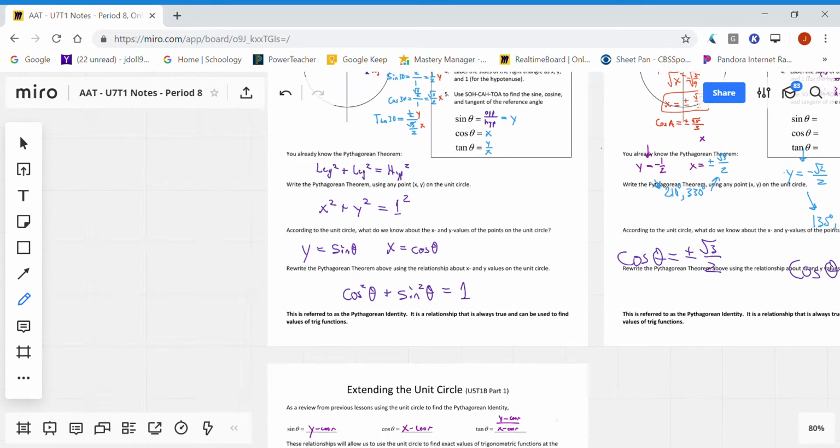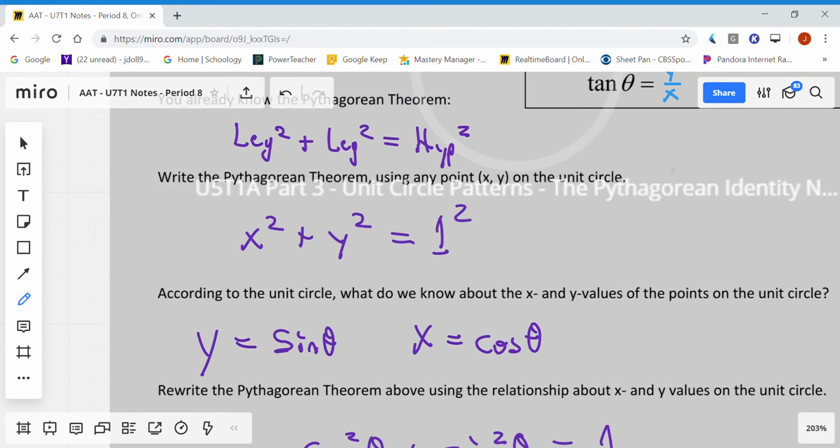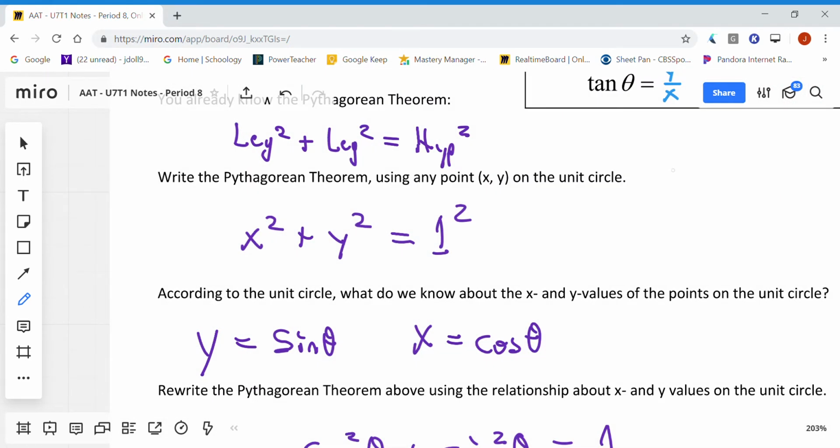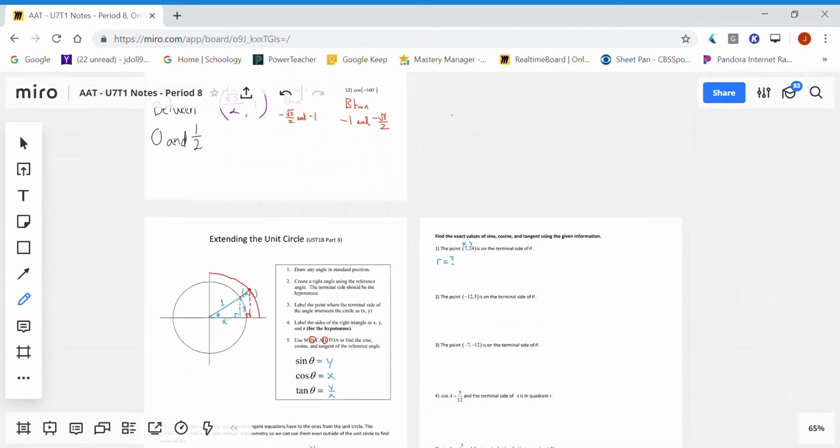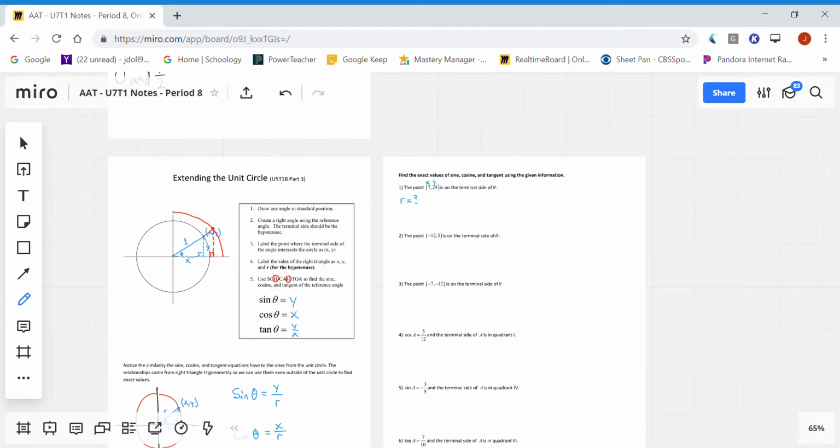If we go back to a couple of notes ago, we started working with the Pythagorean theorem in terms of x and y. Back in that time frame, it was x squared plus y squared equals 1 squared because the radius was 1. Now the radius is no longer 1, the radius is r.